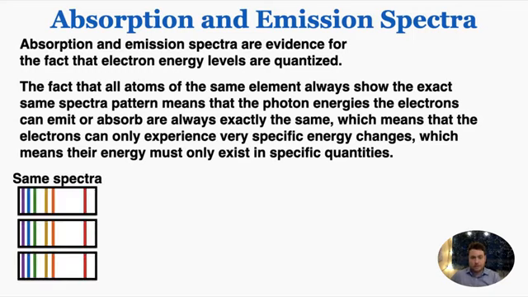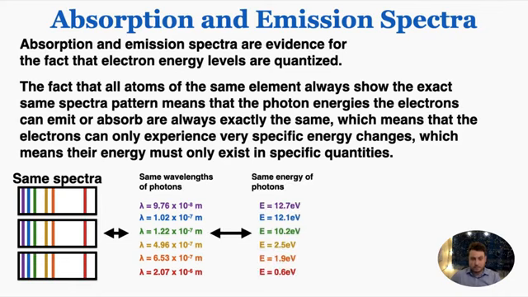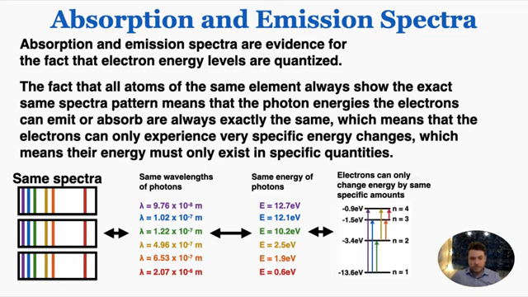So again, if we have the same spectra for all atoms of the same element, that implies that the same wavelengths of photons are absorbed by every single atom of the same element, which means the same energy of photons is absorbed, which means the electrons in each atom of the same element can only change energy by the same specific amounts, which means that the electron energy is quantized.